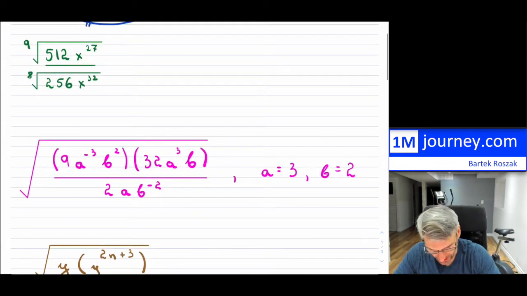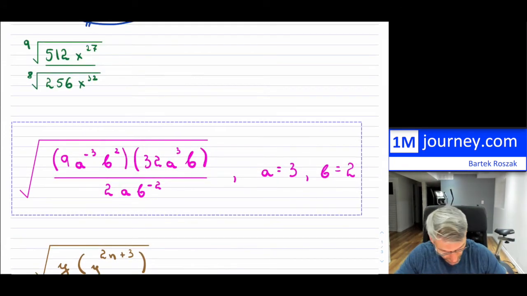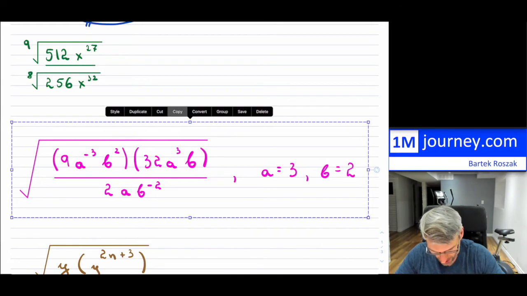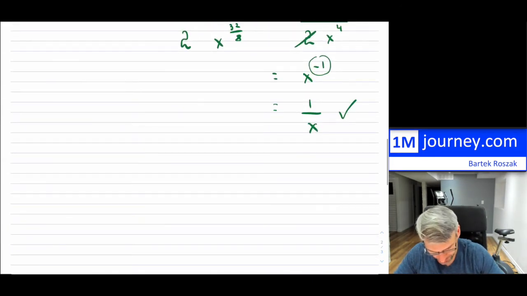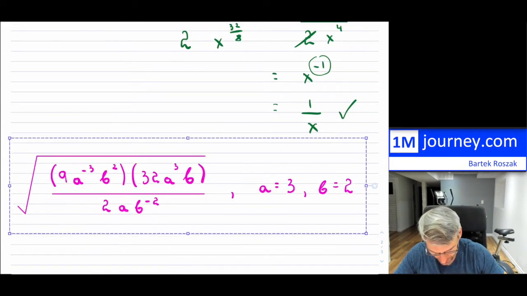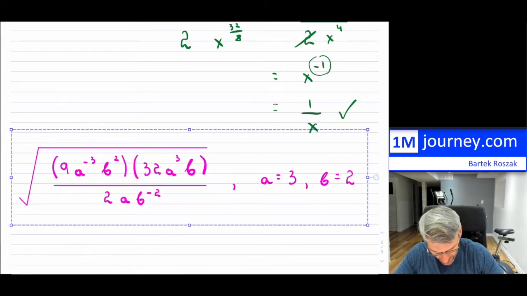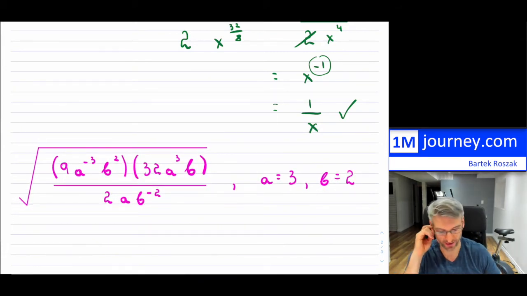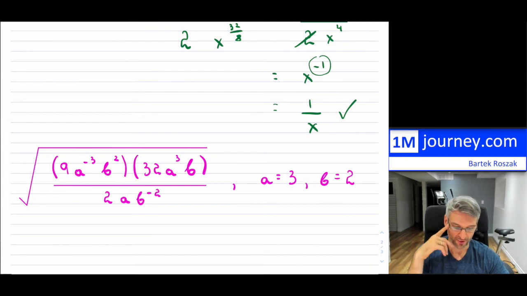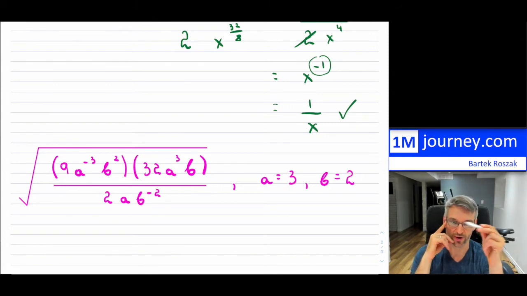Okay, so here's the second example. This one looks even worse. Let's copy it, paste it. Now we already know what A is, so that's 3, and B is equal to 2. What I find a lot of students might do is substitute for A and then substitute for B, because they're not always comfortable with exponents.